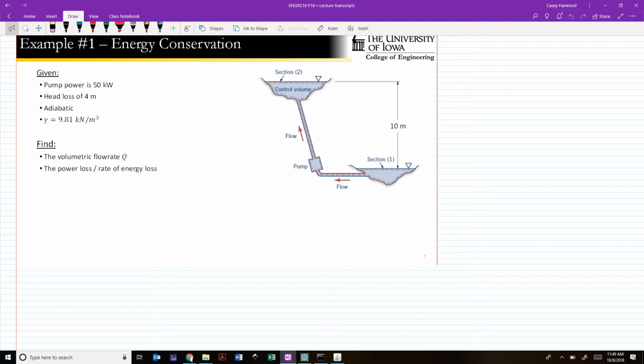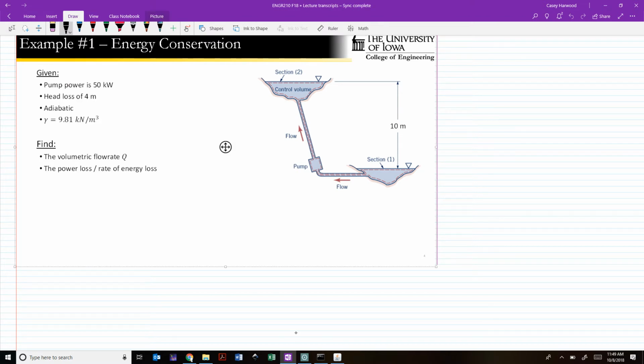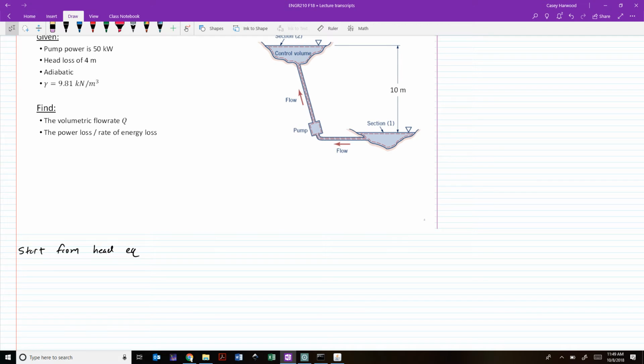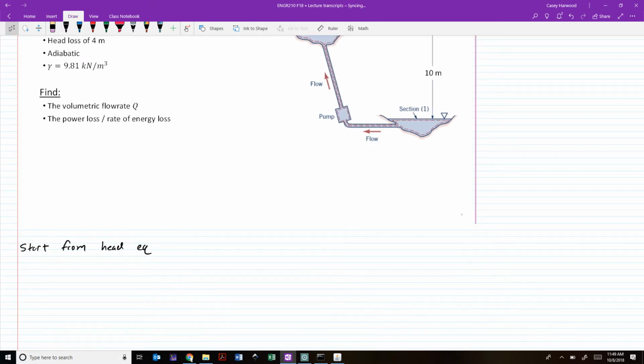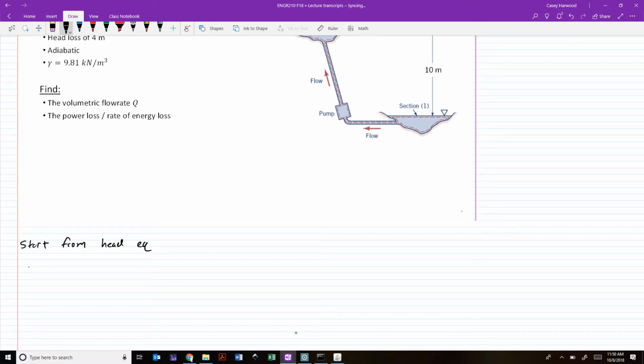And so just in the interest of saving ourselves some pencil lead, we might start from the head equation. So writing P2 over gamma. Here, let me zoom in here.